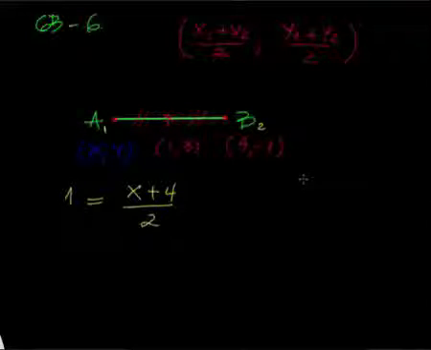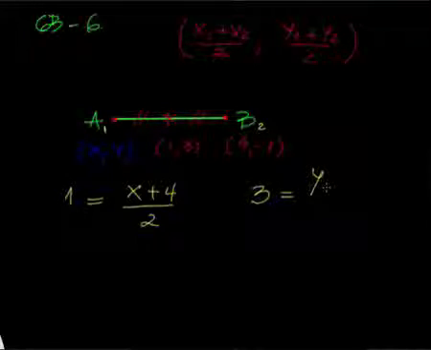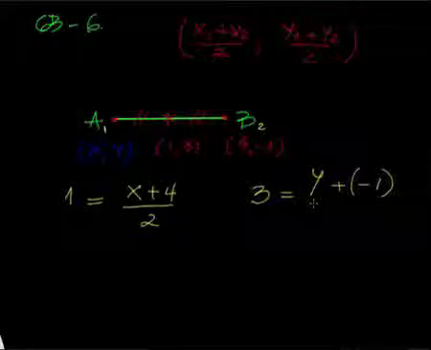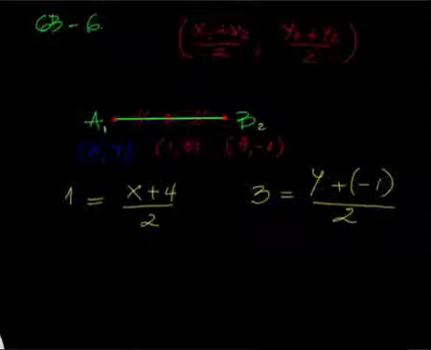And for the other coordinate, we know that the midpoint is 3, and that is equal to y1. We're going to call y using this, plus my y2, that is -1 here, over 2.